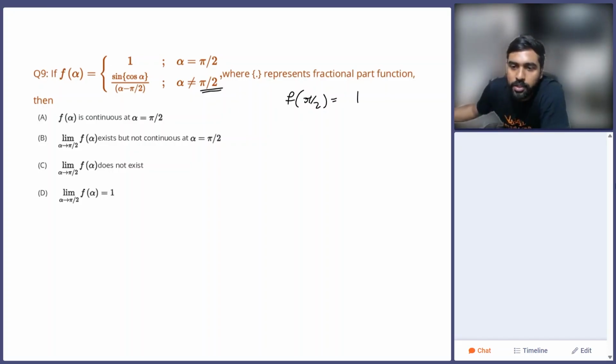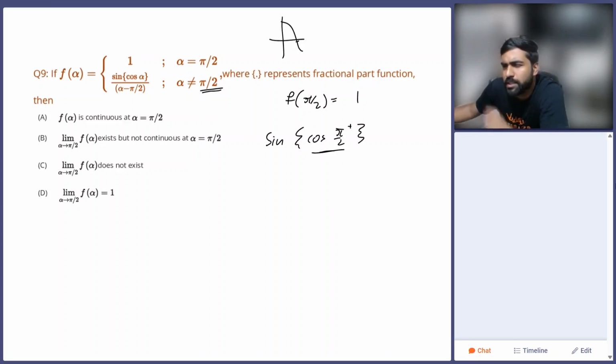What will I get? I'll get cos of the fractional part of cos pi by 2 plus. Now in cos pi by 2 plus, what is the value of cos pi by 2 plus? It's a tiny negative number, right? So basically sine of the fractional part of minus 0.00001. What is the fractional part of this expression going to be? It is basically nearly sine of minus 1.